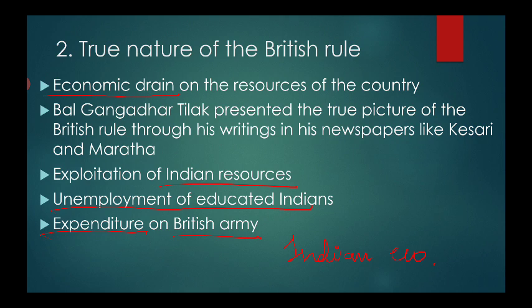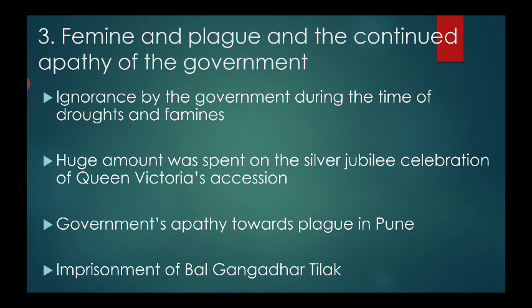Instead, the government showed ignorance during the time of the drought and famine. They did not take any proper measures, but on the other hand, they wasted a huge amount of money on the Silver Jubilee celebration of Queen Victoria's accession. It had been 25 years since Queen Victoria attained power over India; it was the 25th anniversary.